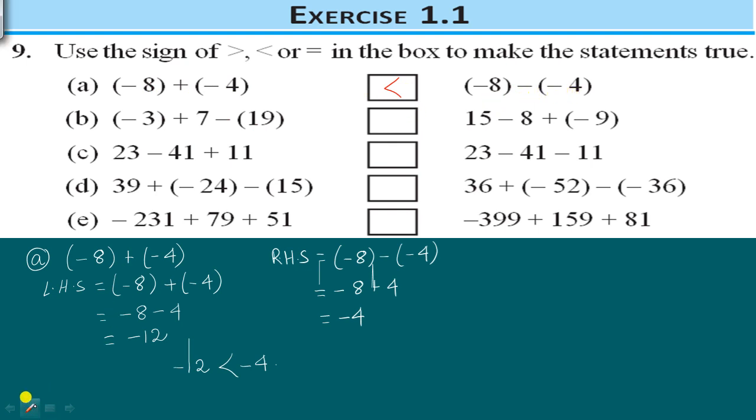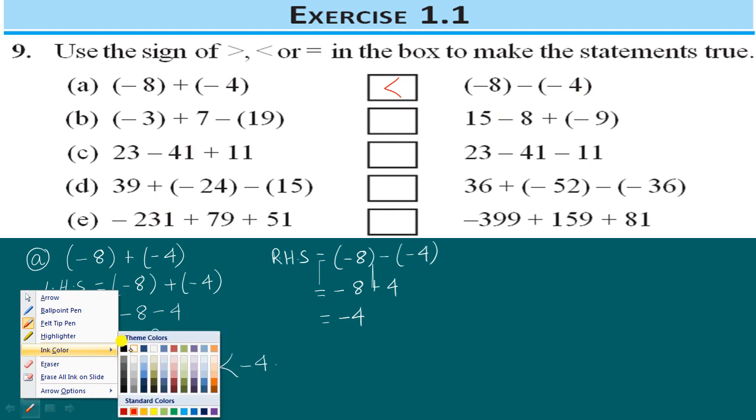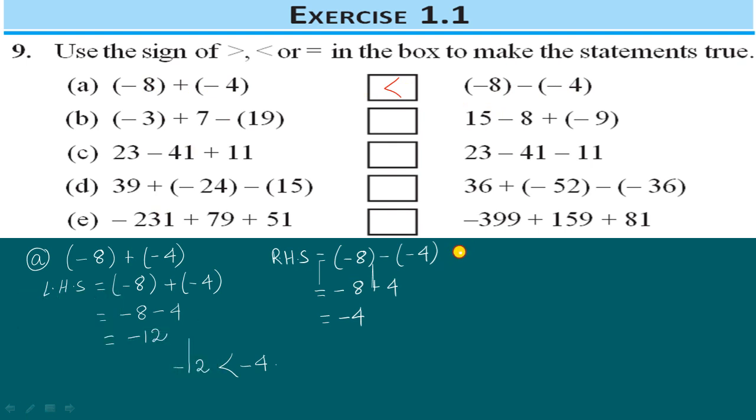Now we'll solve question number B. Now see, we're solving question number B. In question number B, you see here that the left hand side is equal to minus 3 plus 7 minus, in bracket it is 19.